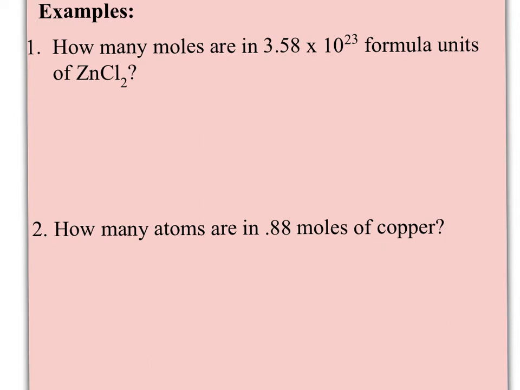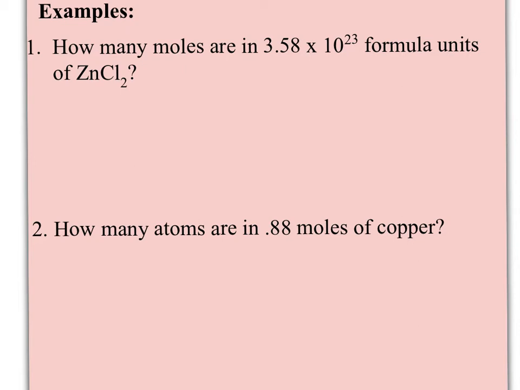So just like we did before, I'm going to write down what I have, 3.58 times 10 to the 23rd formula units. So units is what I have, moles is what I want. So that means moles should go on top. The particles, or in this case formula units, should go on the bottom. So that means 1 mole divided by 6.02 times 10 to the 23rd.